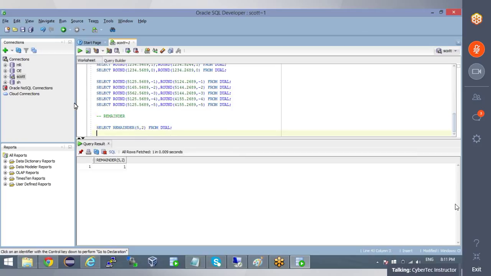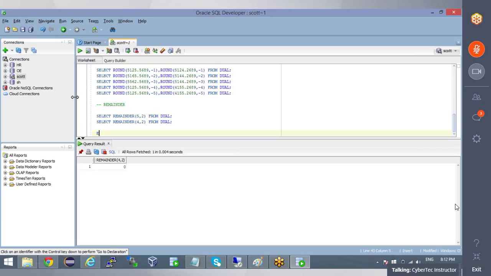So what is this remainder function doing now? Remainder is another mathematical function. It calculates the remainder on dividing a particular value. For example, let's take select 4 by 2 from dual. When I divide 4 by 2, I get the value 2, and it will not give me any indication of the remainder. This is the quotient that you get.